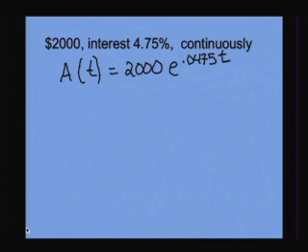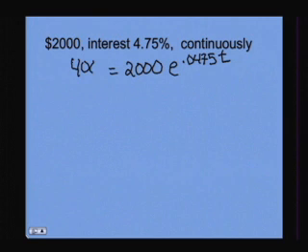Again, we're looking at wanting this to double, so let me erase this and put in my 4,000. Of course, I can divide both sides by the 2,000, and I get my 2.